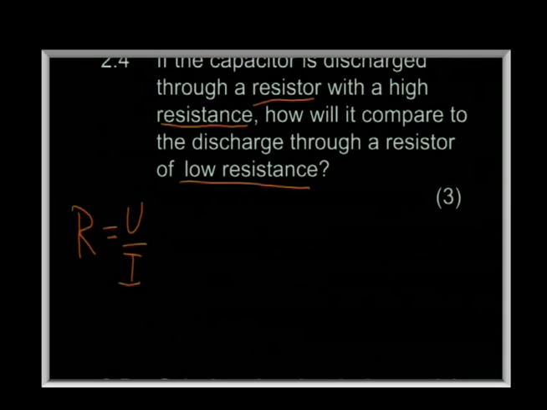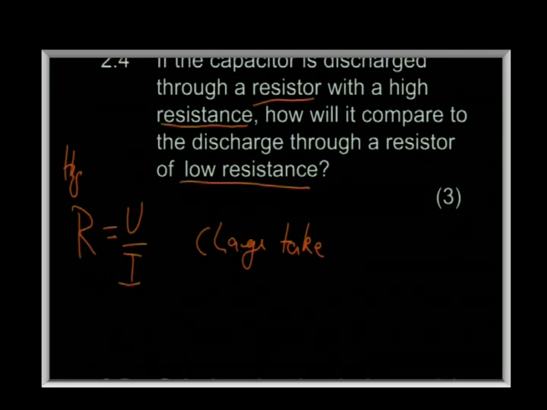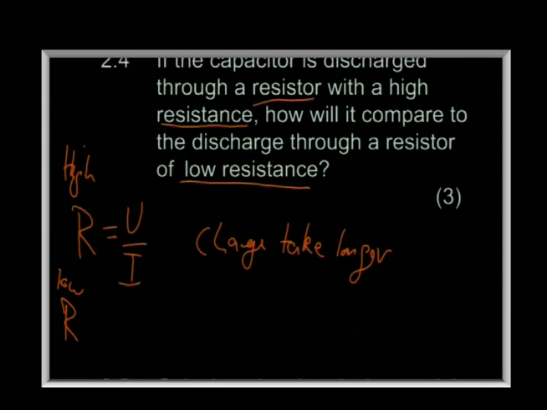So charge will take longer. If this was high, it will take longer. But if you make the resistance low, then you've got the same potential difference, but the current is not going to be inhibited.